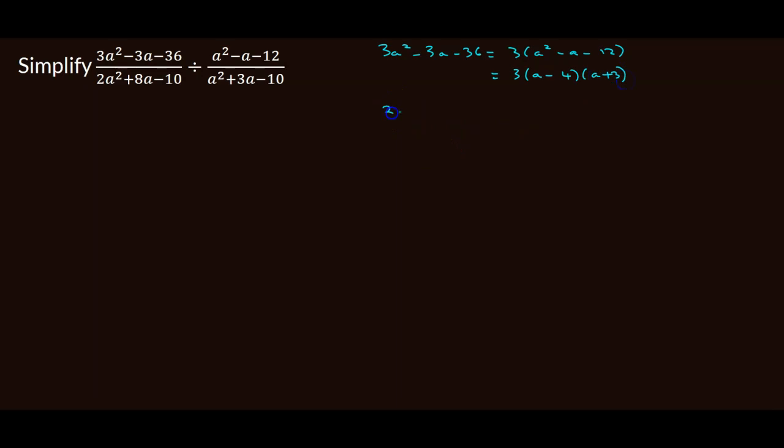The next one is 2a squared plus 8a minus 10. So we factor 2 out. We have a squared plus 4a minus 5. Then we have a squared minus a minus 12. This is going to be a minus 4 and then a plus 3.